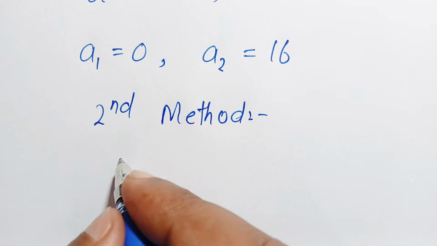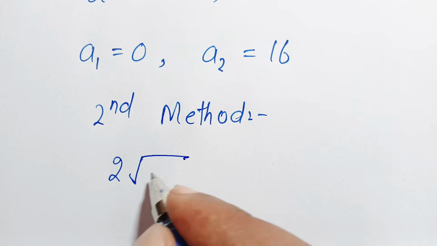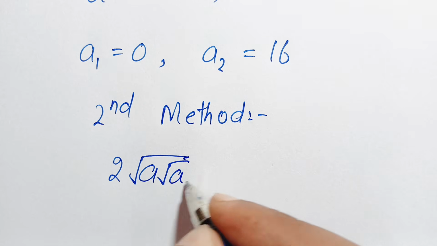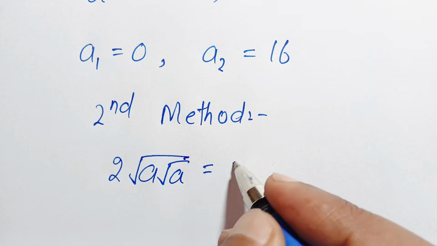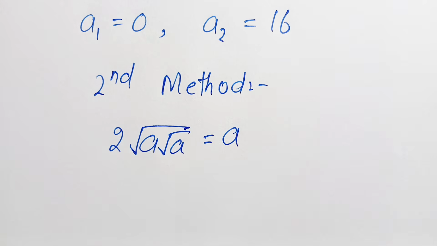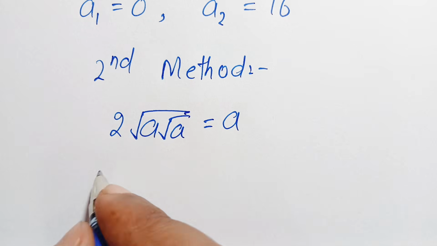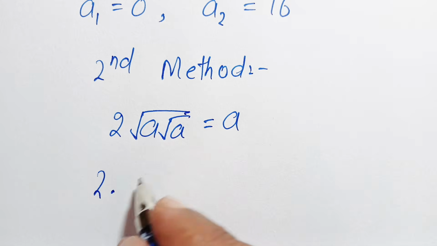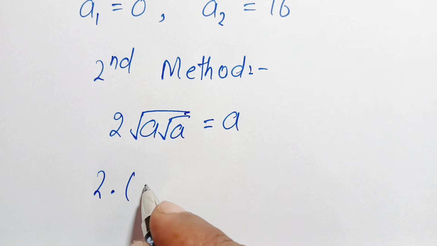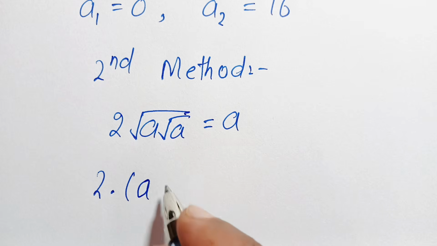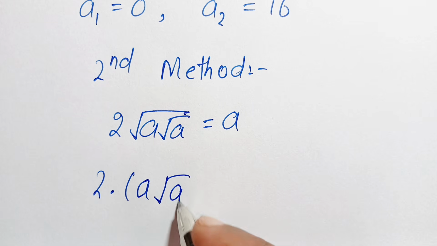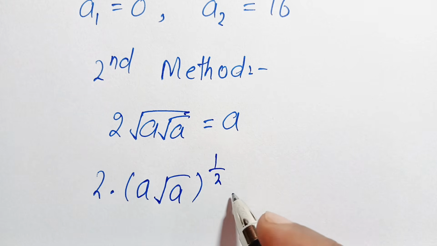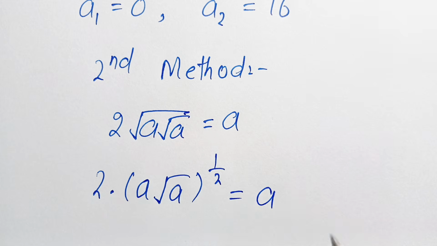As given, 2 times square root a into a is equal to a. Now this becomes 2 times, here the square root is the power 1 by 2, equal to a.